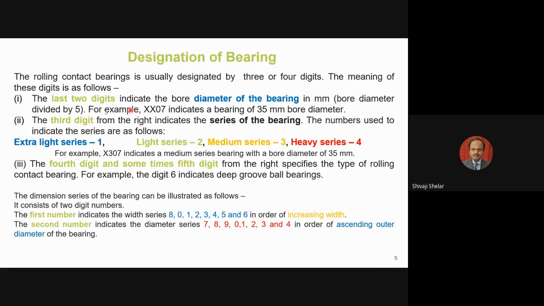Rolling contact bearings are usually designated by 3 to 5 digits. Now they keep adding digits, but the minimum is 4 digits.